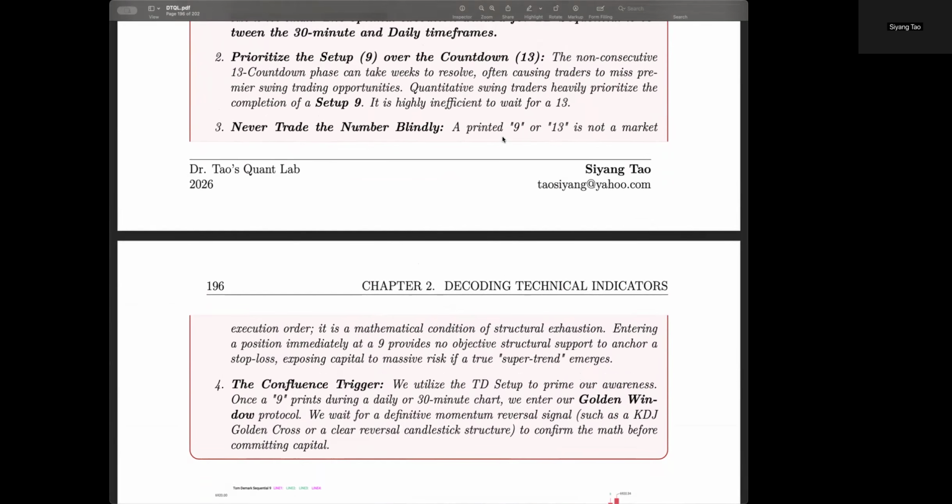Then we wait for a definitive structural confirmation, like a bullish reversal candle or an oscillator cross, to actually trigger the trade. This gives us a highly definable stop loss directly below that reversal candle. Let the math find the zone, but let the price action pull the trigger.